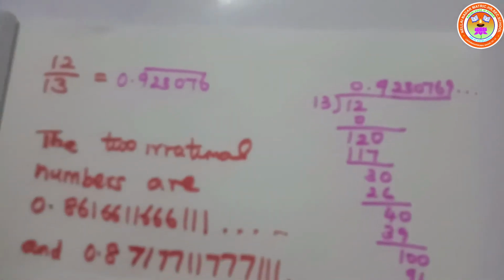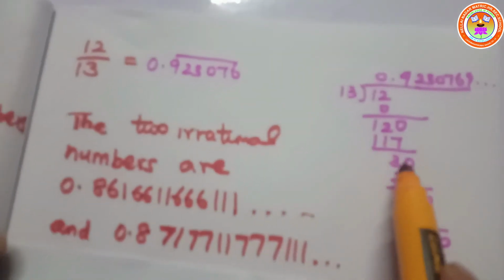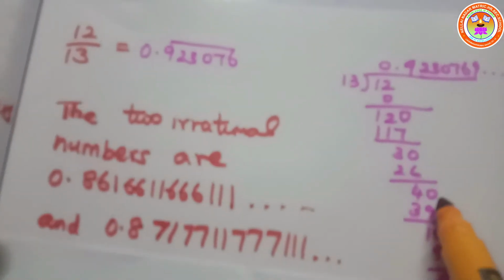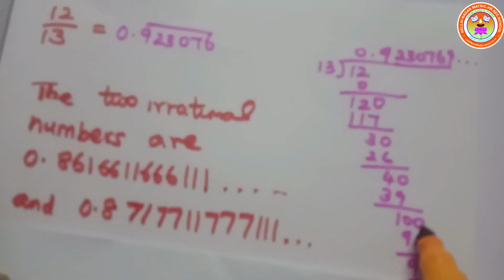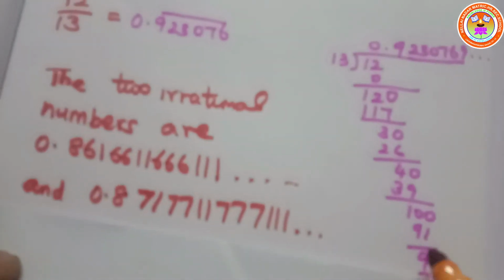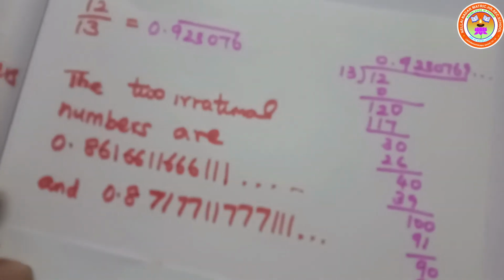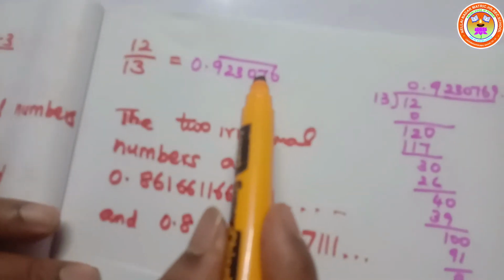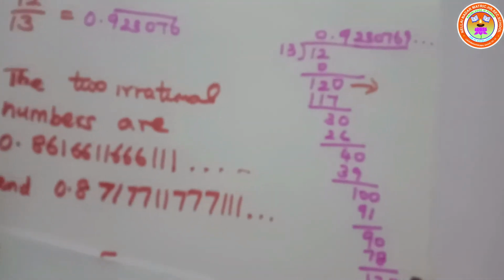Now what you can do is, see, 13, 0 times, 12, point take 0. 13 nines are 117, balance 3, 0. 13 twos are 26, balance 4, take 0. 13 threes are 39, then balance 1, then take 0. 13 sevens are 91, 9 take 0, then 13 sixes are 78, then 12 balance, like it goes. So I can write 0.923076. It's clear, children? See, here 12 is there, again 12 is repeating, so leave it like this.